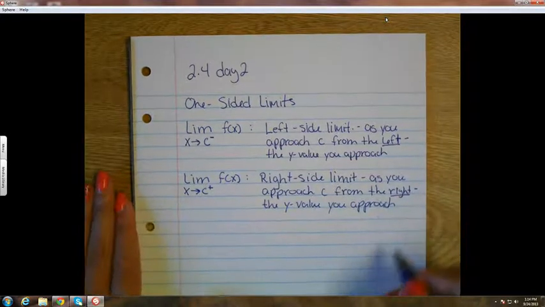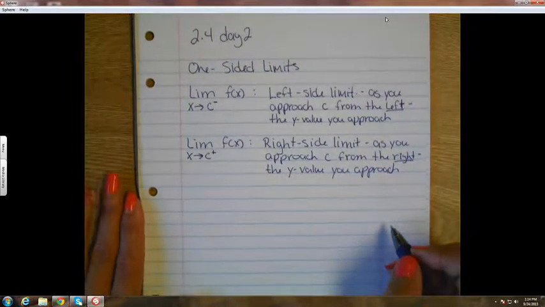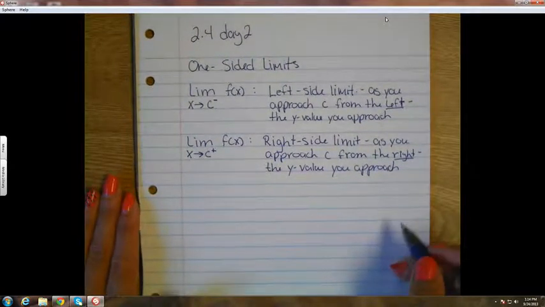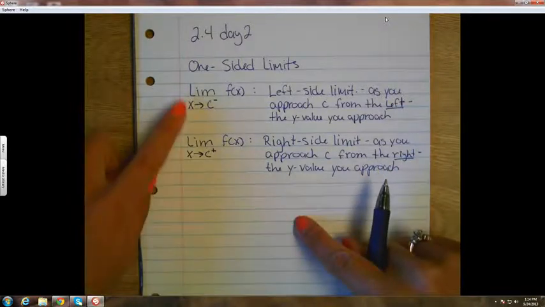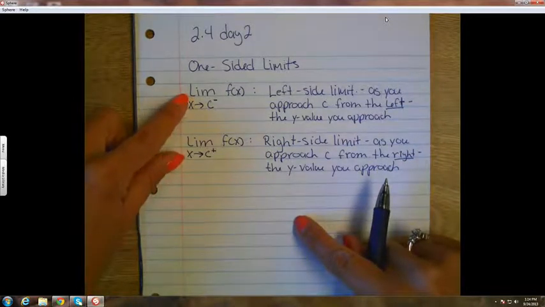Now, we know that in order for the whole function to have a limit, your two fingers have to come together. In other words, the left limit and the right limit would have to have the same value.